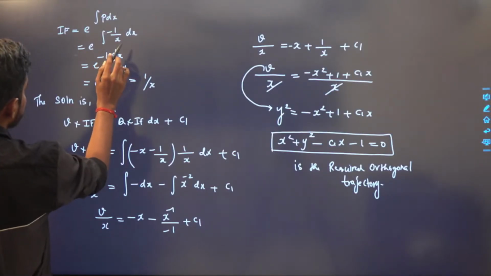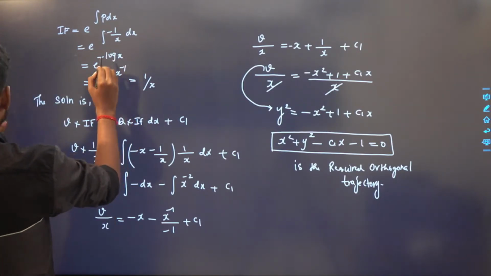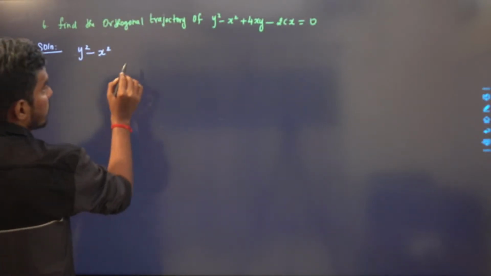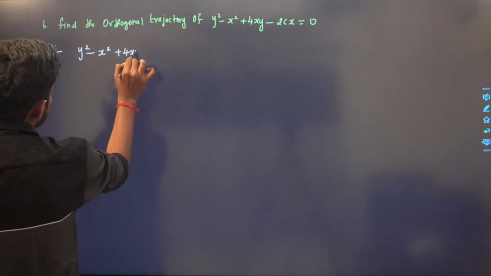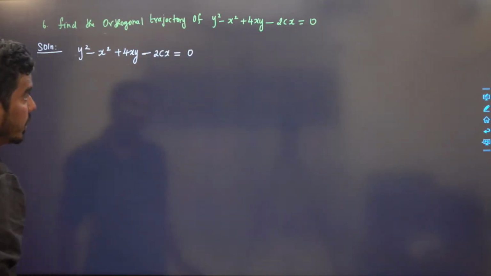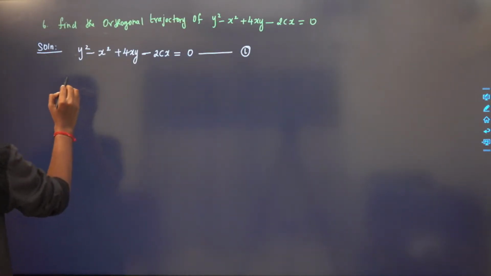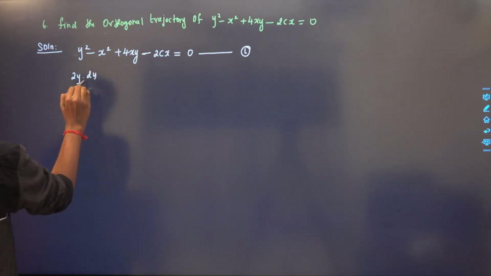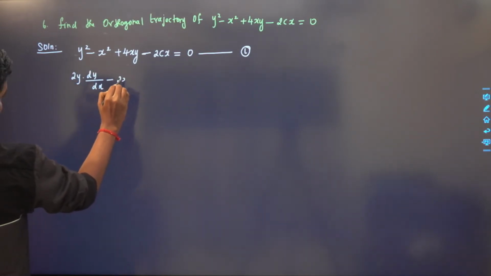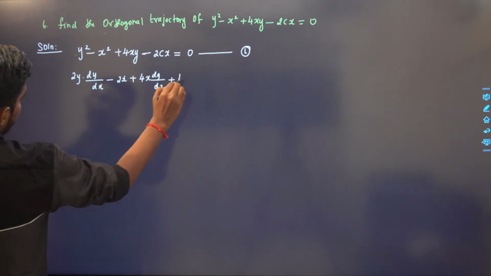So we have y square minus x square plus 4xy minus 2cx is equal to 0. Differentiate with respect to x. So we have 2y dy by dx minus 2x plus 4x dy by dx plus 4y.